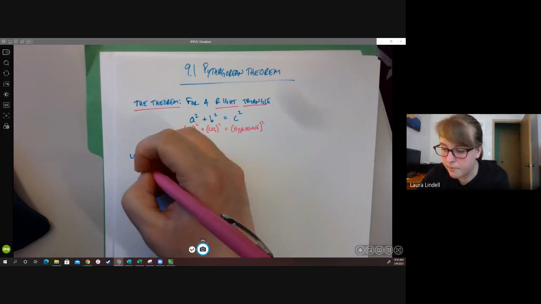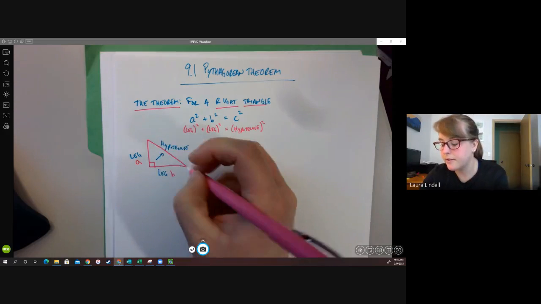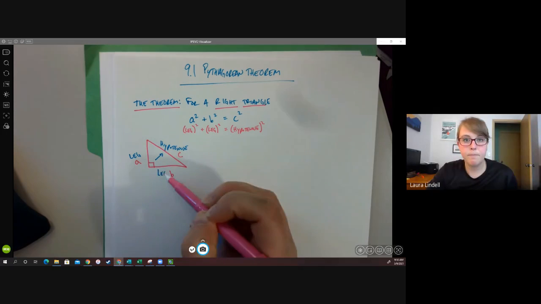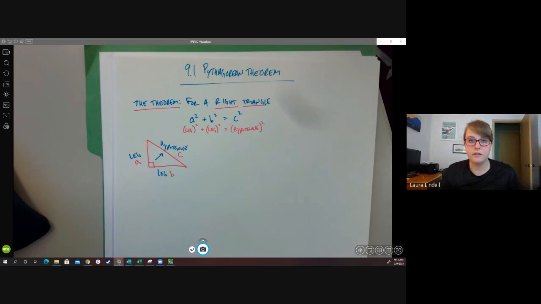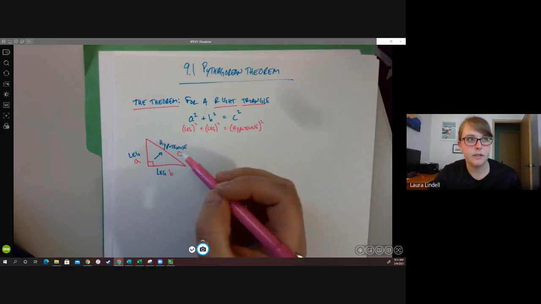A lot of times people like to go, okay, A is the shorter leg, B is the longer leg, and C is the hypotenuse. You can do that if you want, but really it doesn't matter which one is A and which one is B, as long as we're consistent and as long as A and B are both legs and C represents the hypotenuse. This is the one that we have to get correct. This is the one that is special.